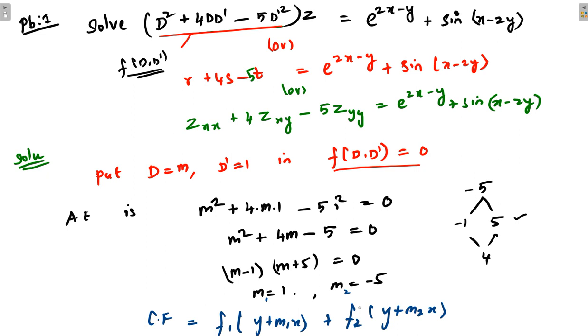Try to substitute m1 and m2 in this formula. From that you may get CF equal to f1 of y plus 1x plus f2 of y minus 5x. This is equation 1.